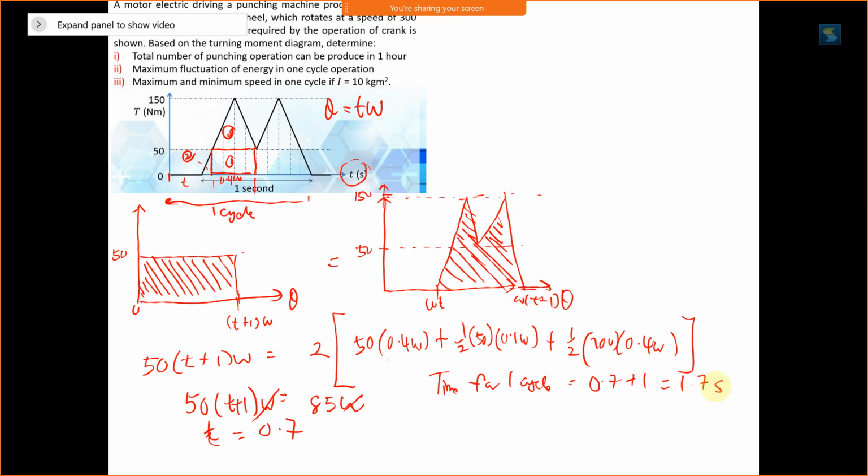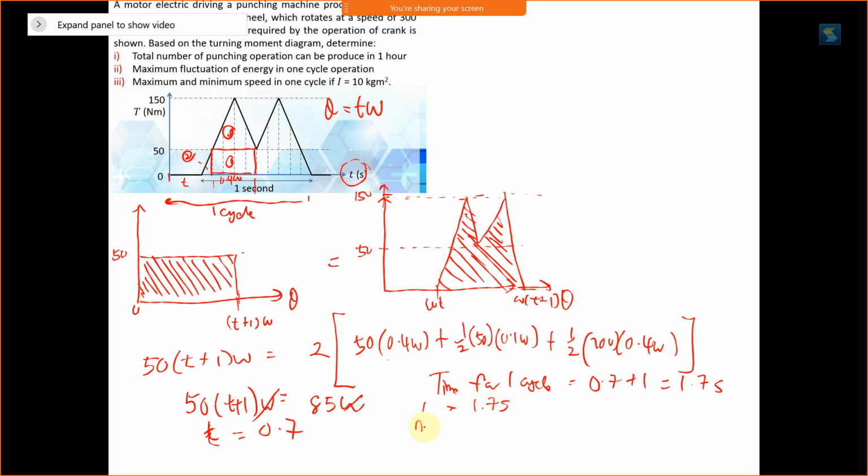So from here it requires 1.7 seconds to produce one product. So how many total number of punching operations can be produced in 1 hour? So just interpolation. So 1 punching equals 1.7 seconds.